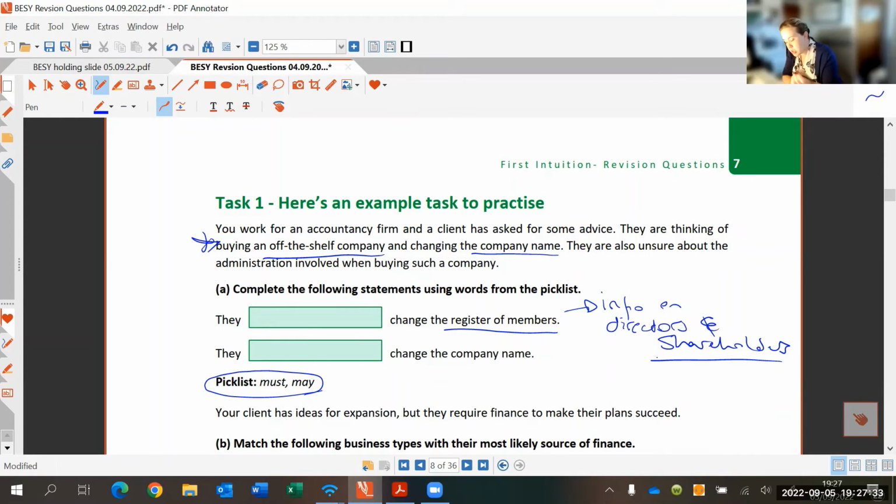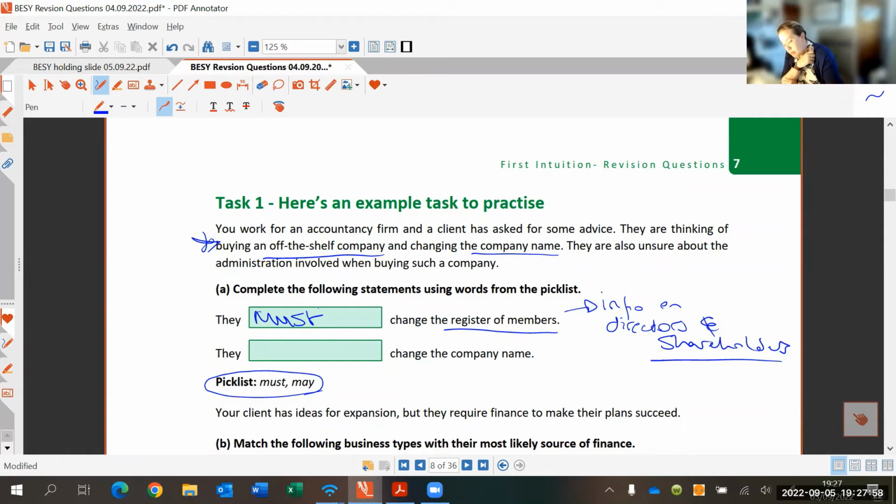So that is a must. They must do that change, because if they don't, the information is incorrect. And that's a big problem, because it must be publicly available to know who the shareholders and the directors of the company are, so that everyone can know that. And if it's out of date, then that's a big problem.